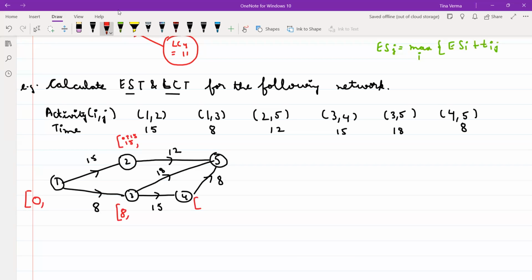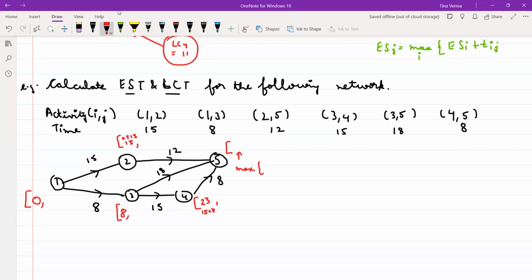Now the fourth activity is coming from 3. So that means 15 plus 8, that will be your 23. Now your fifth activity is coming from the second node. That means you have to calculate the maximum of what?